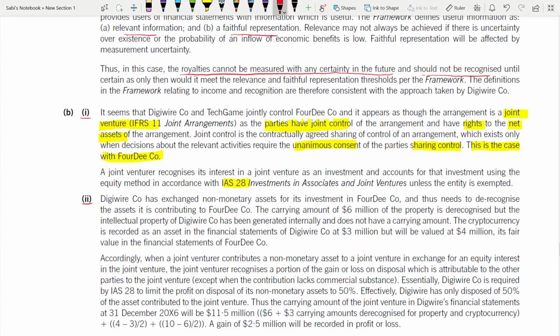And that equity method is dealt with in IAS 28, not IFRS 11. IFRS 11 you use to decide when it's a joint arrangement, when it's a joint venture. But IAS 28 is used to record it and measure it as an investment. So the equity method in IAS 28: investment in associates and joint ventures using the equity method, unless the entity is exempted.